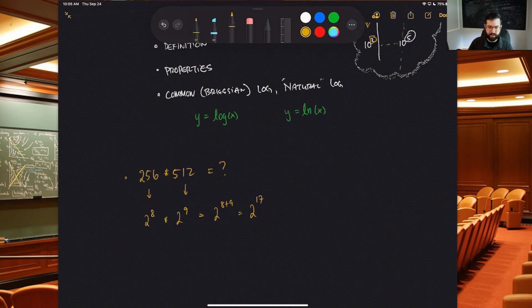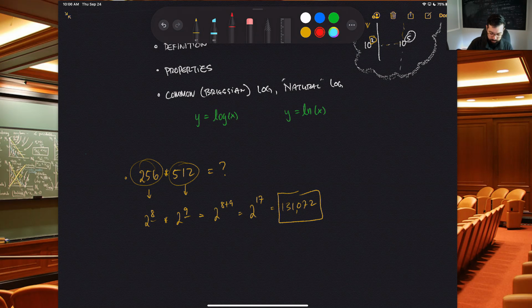And 2 to the 17th power, let's go ahead and calculate that real quick. So we'll get 131,072. And so if you're able to break down your factors into bases with their powers, you could then just look up this entry for 17 and get your final result.